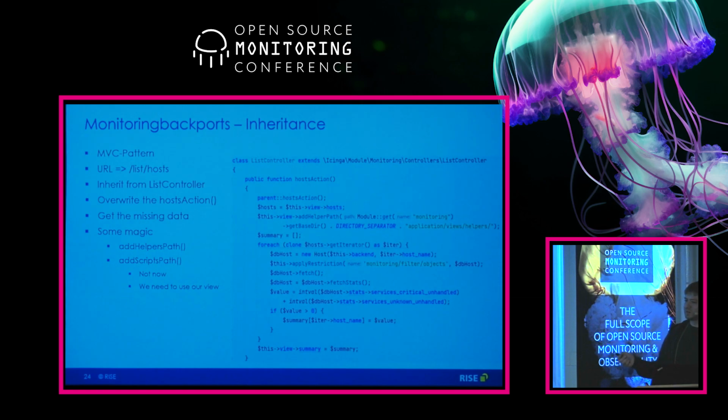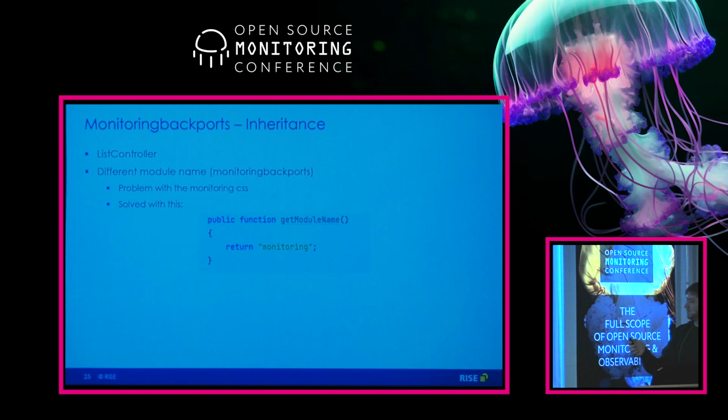So the functionality is restored. Our host action gets this data again. Then we have a different problem because we still want to render the CSS from the monitoring module, and there is a nice function, get module name. Just overwrite it, and it's called monitoring, and Icinga Web 2 will render this with the available CSS from monitoring.